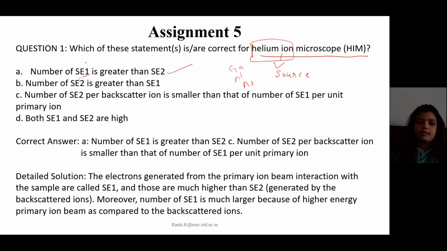Which of these statements is correct in helium ion microscopy? Number of secondary electron 1, that is the one which is produced as soon as the beam falls on the sample.